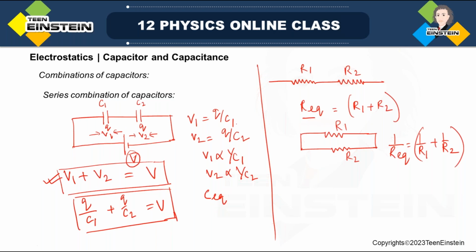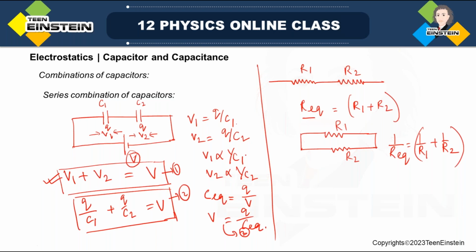So in that case, I can write C is equal to Q by V, or I can write V is equal to Q by C equivalent. Now if I give this as equation number 1, this as equation number 2, and obviously this is equation number 3.